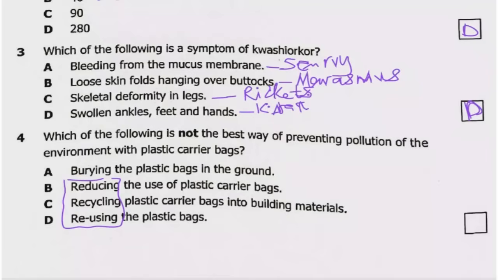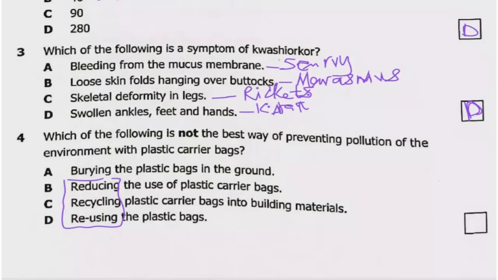So you reduce the use of plastic bags. That means you minimize their use. Recycle, you make other things from the plastic bags you have used. Instead of throwing away, you keep them in use by making other things. For instance, you can recycle plastic carrier bags into building materials.